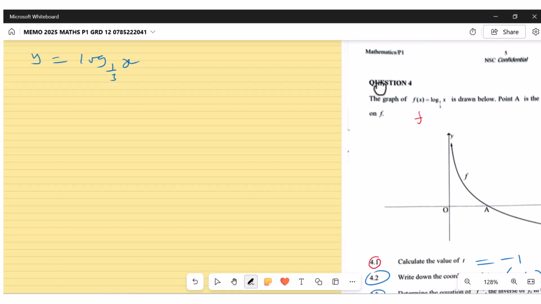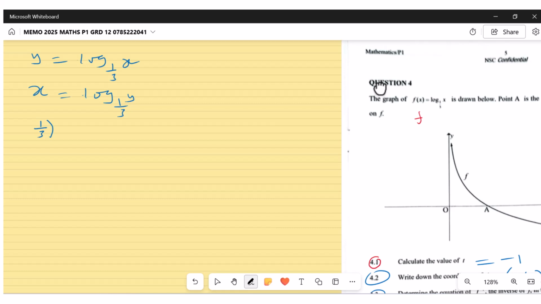Now to make y the subject of the formula, it must go from log to exponential. So it's going to be a third to the power x equals y. So that's our inverse. Our inverse is y equals a third to the power x, but you can also write it like it.